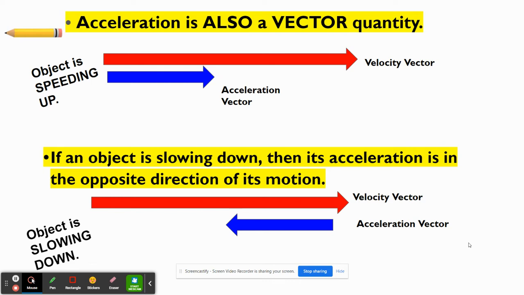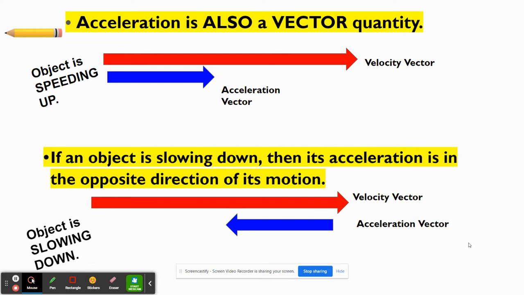And remember, the larger the vector, the longer the line, and that tells me about magnitude. A short vector is a smaller magnitude, a longer vector is a bigger magnitude. If velocity is a vector, and acceleration tells me how velocity is changing, am I speeding up or slowing down, then acceleration also has to be represented with a vector.